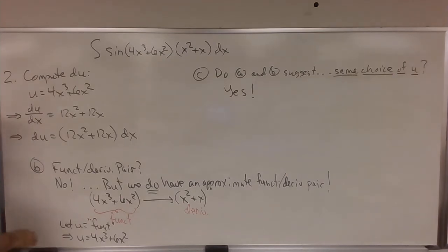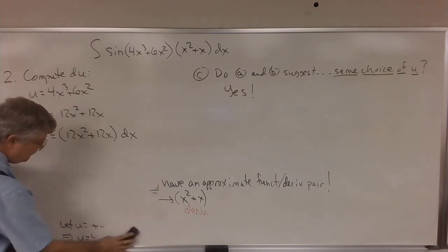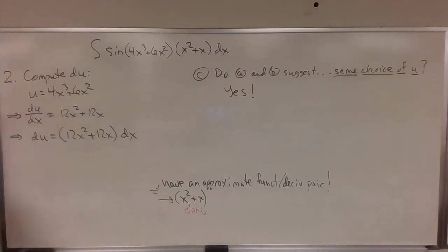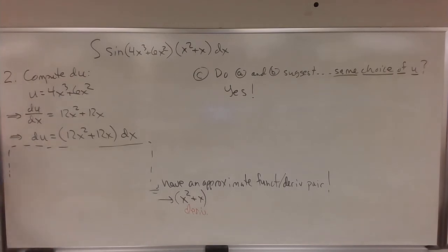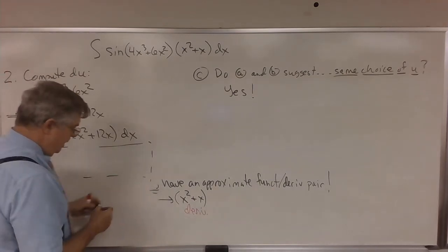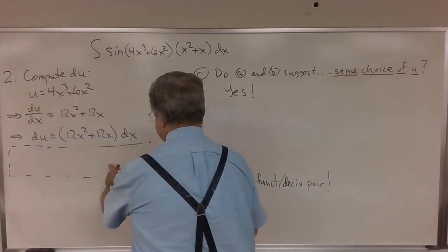And because I only have an approximate function derivative pair and not an exact function derivative pair, I'm going to leave a line blank here after this. I just have a hunch I'm going to need some space here.